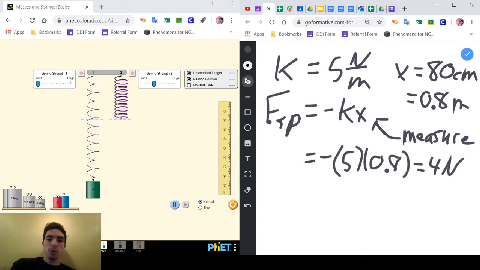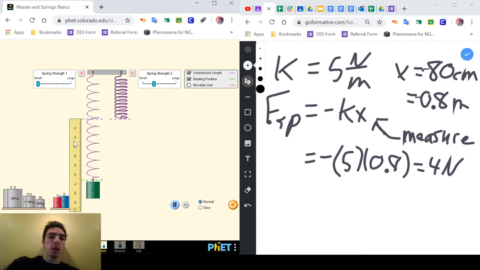And you might be asking yourself, why is that answer finally positive? And let's go over why that is. So technically, this 0.8 meters or this 80 centimeters could be considered negative because this displacement is down.